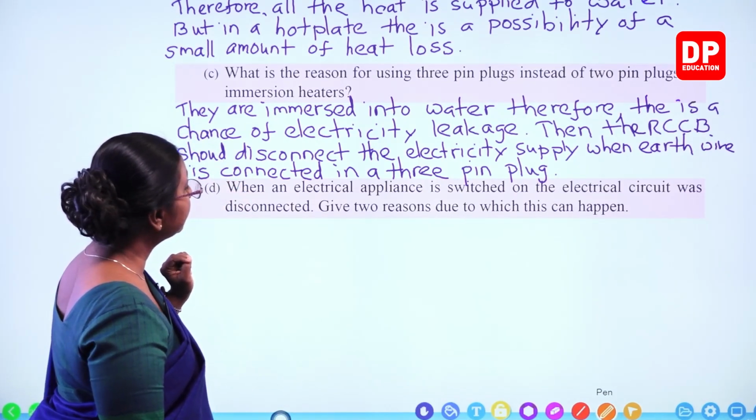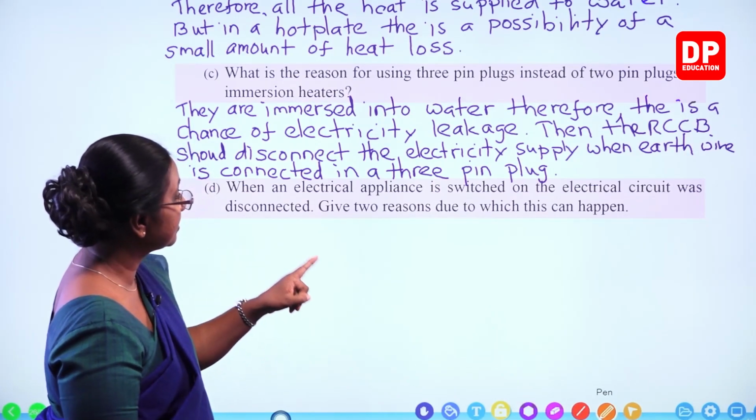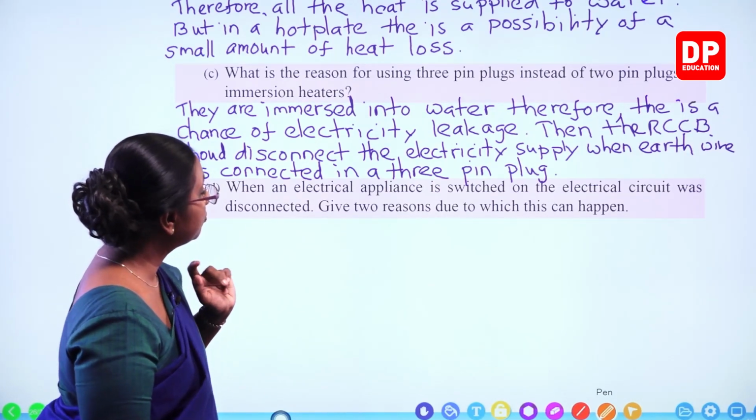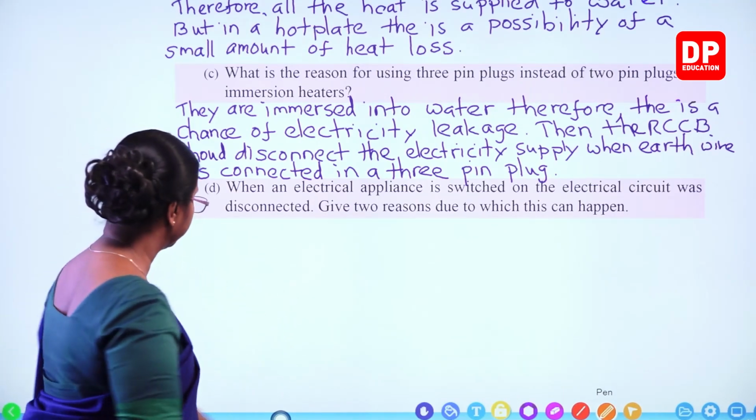So when an electrical appliance is switched on, the electrical circuit was disconnected. Give 2 reasons due to which this can happen.